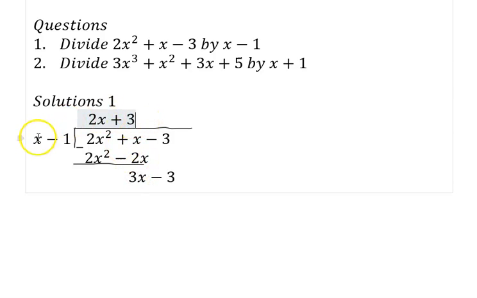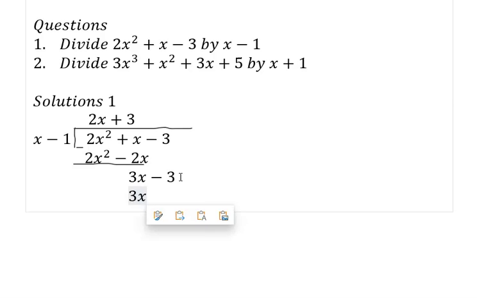3 times x. This 3 times x will give you what? 3x. Beautiful.